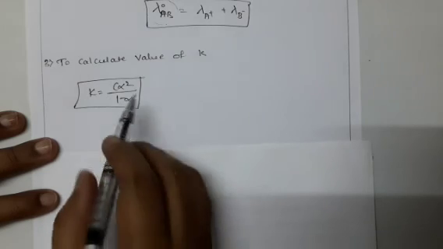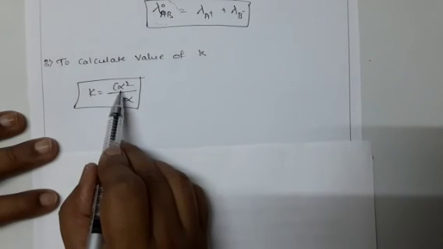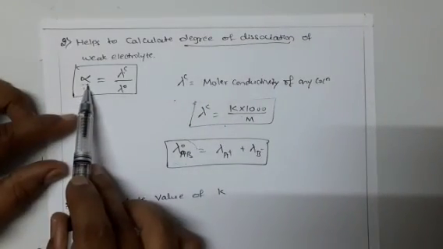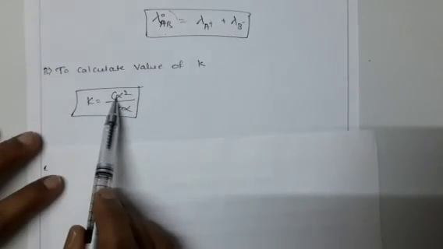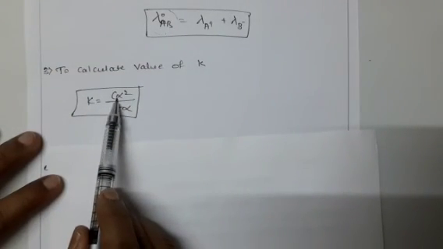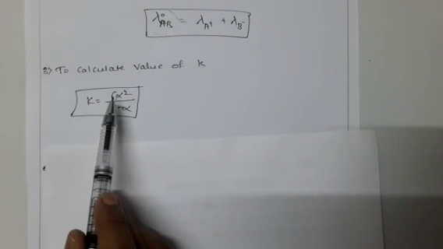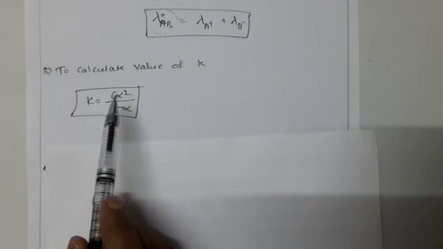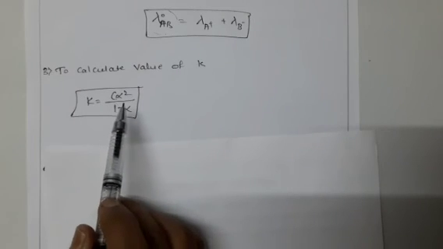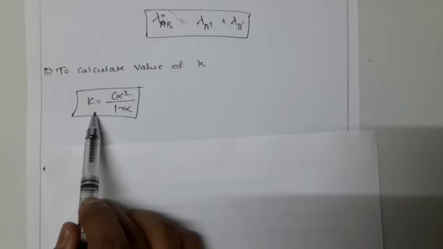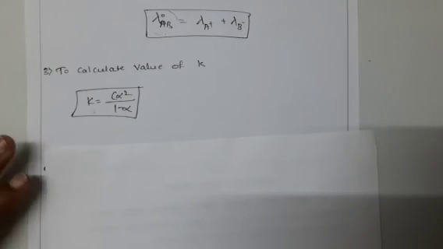The alpha value is calculated from application 2, and C, the concentration, will be given. Putting the alpha and concentration values, we get the value of K. So this is the third application.